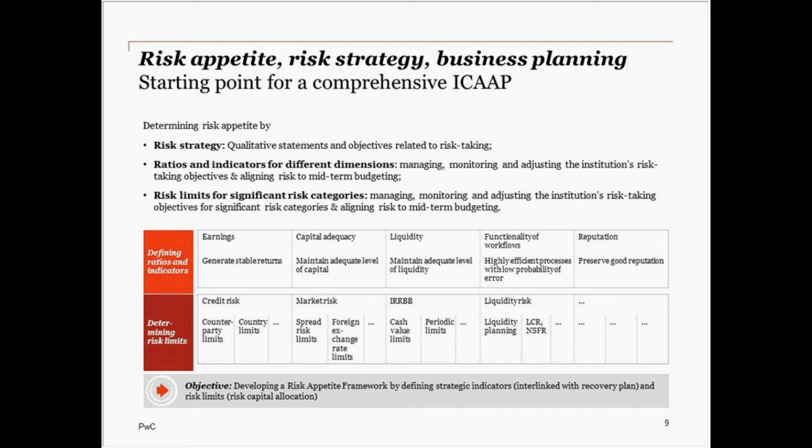The ratios and indicators would also align risk to the midterm budgeting of the bank. And the third dimension would be to determine risk limits for significant risk categories, for example, credit risk and market risk, and monitoring and adjusting the institution's risk-taking objectives according to these risk limits. This also is a tool to align risk to the midterm budgeting of the bank.